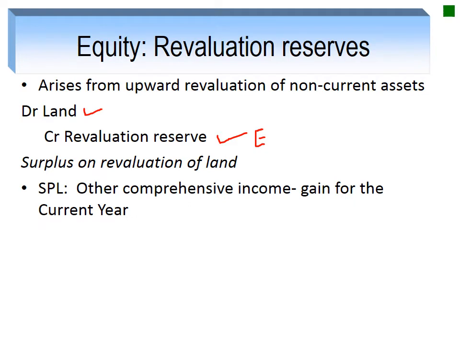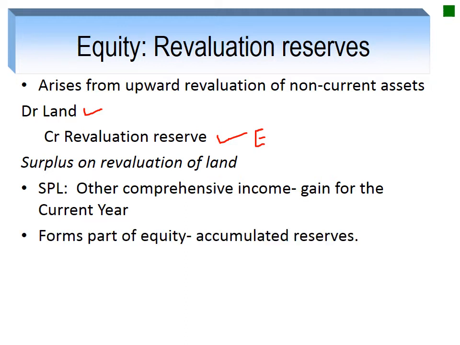At the bottom of the statement of profit and loss, you're going to see that later on in the lecture, there's a section called Other Comprehensive Income, Gain for the current year, and the revaluation reserve will be included there. Then it will form part of equity, the accumulated reserves at the end of the year in the statement of financial position. But you'll see this in question 8.8.